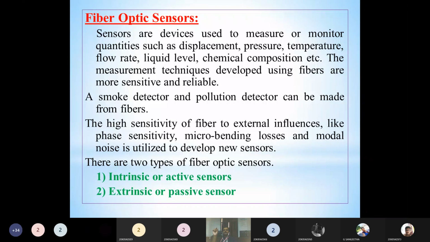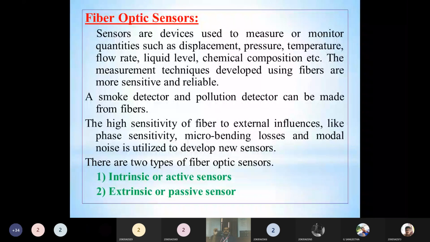So if that particular wavelength is missing, it is lost here. That means we can tell there is oxygen gas inside the optical fiber. Similarly, CO2 gas, HCl gas, like that, gas sensors will work.